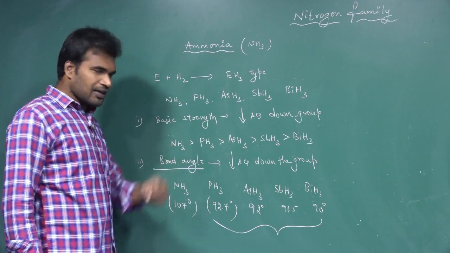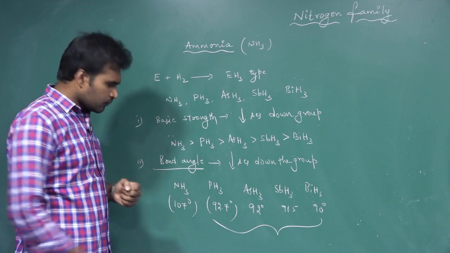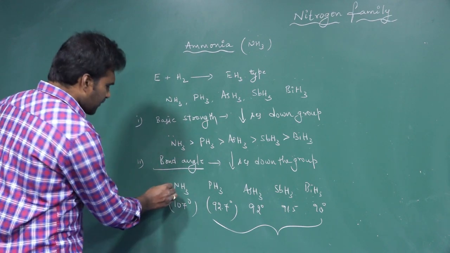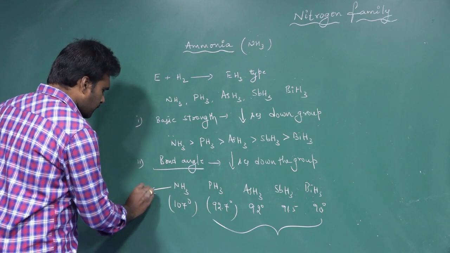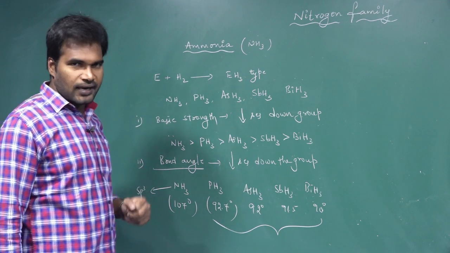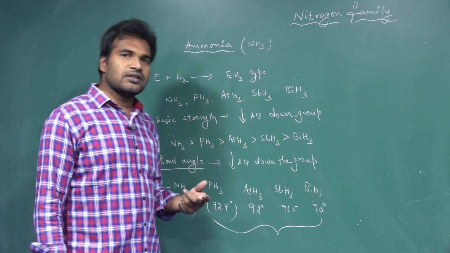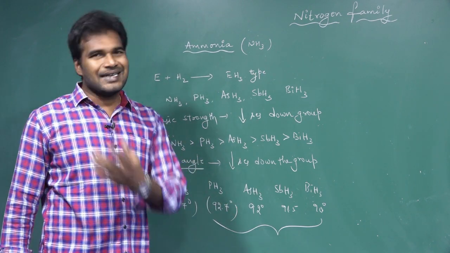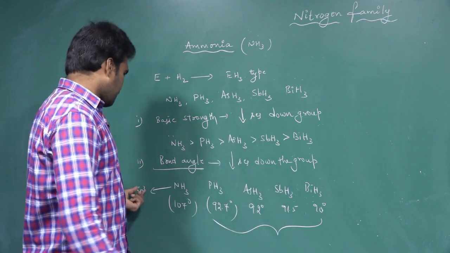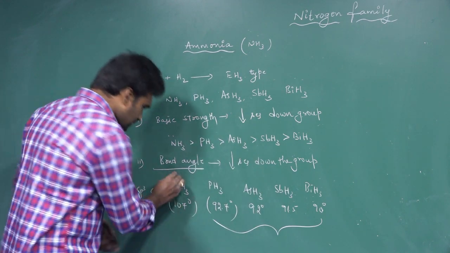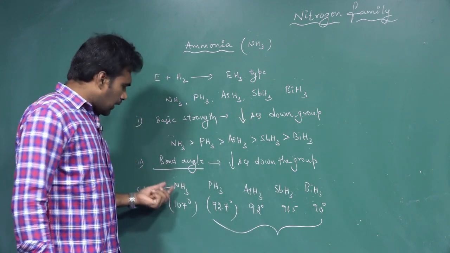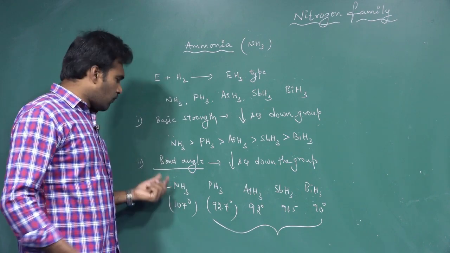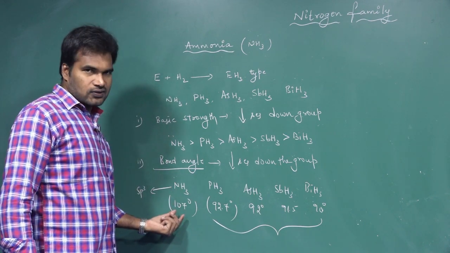If you see the hybridization of these central atoms, in ammonia the central nitrogen atom is sp3 hybridized. Generally sp3 hybridization has a bond angle of 109 degrees 28 minutes, but because of the presence of a lone pair, the bond angle decreases from 109 degrees to 107 degrees.